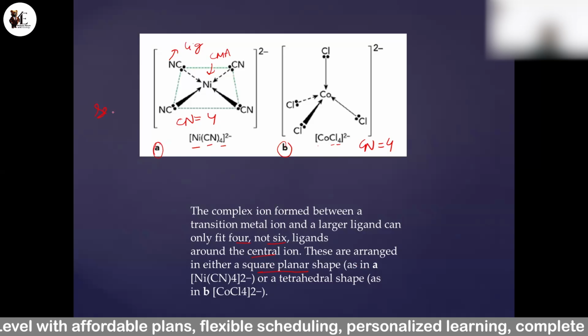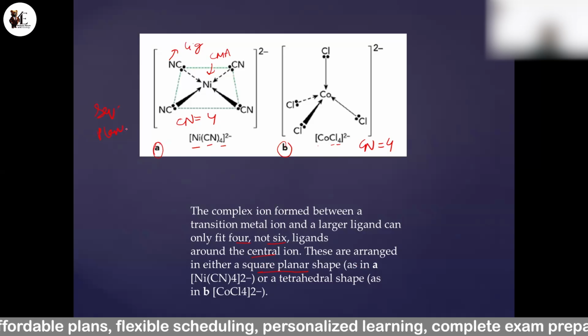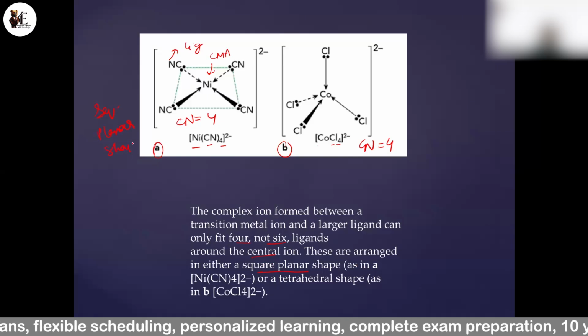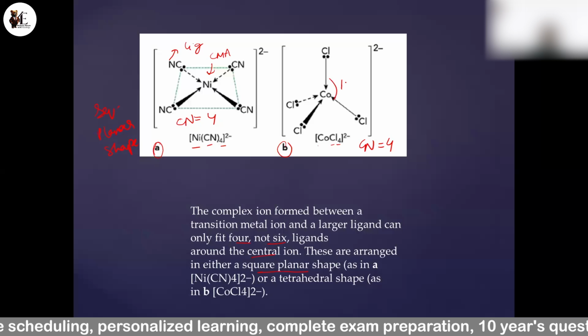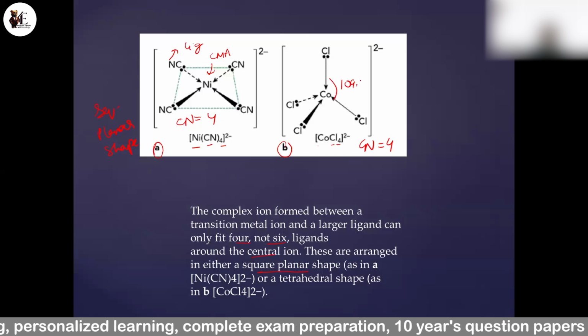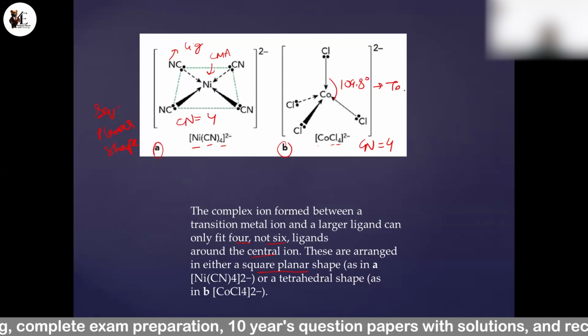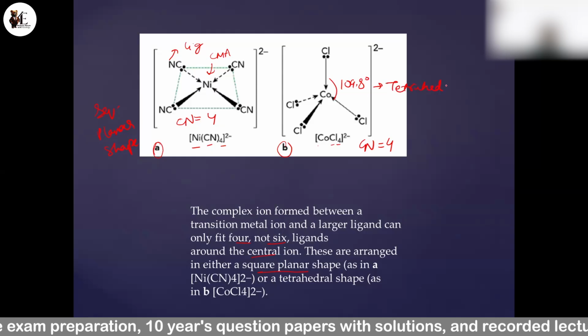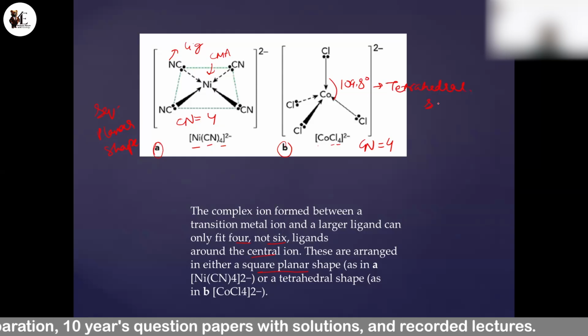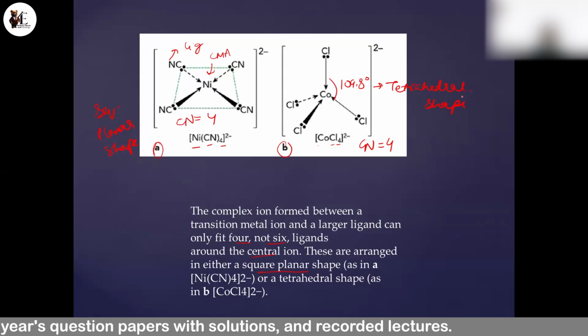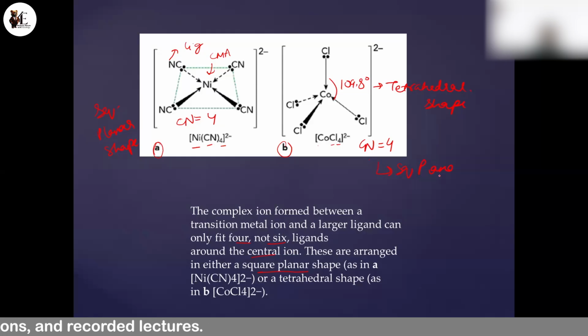This one is known as square planar shape because you can see it is a type of square. And this one, where the bond angle is 109.5 degrees, is your tetrahedral shape. That means coordination number 4 may be square planar, it may be tetrahedral, and that we'll study in chemical bonding.